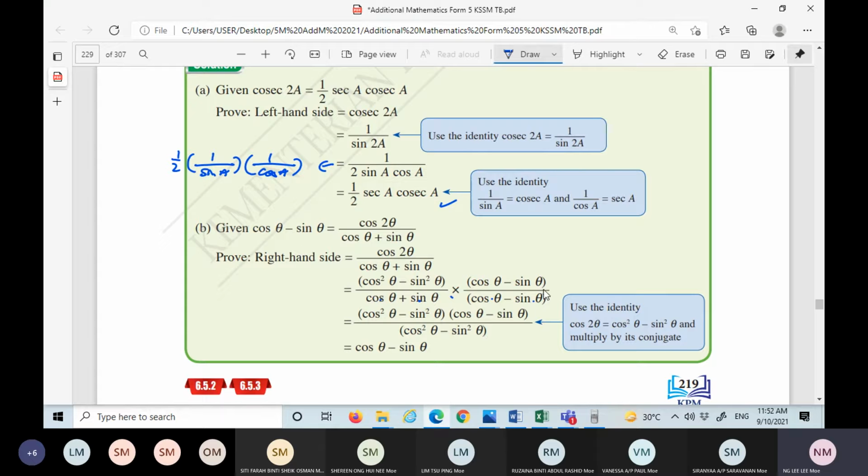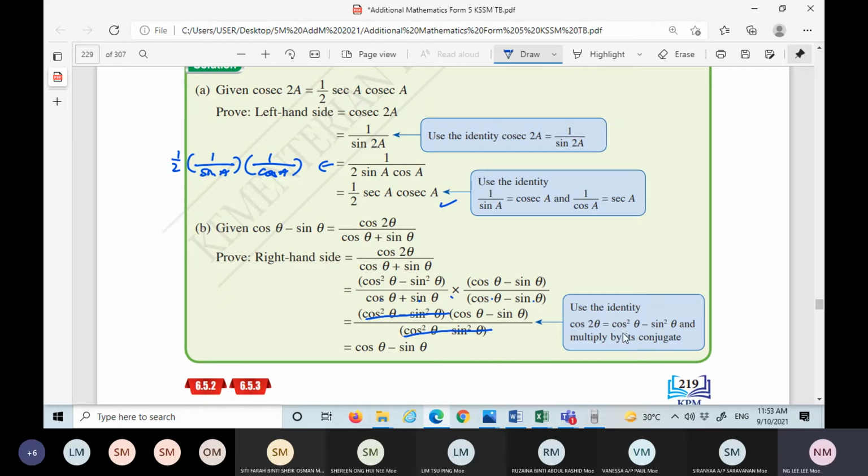The numerator, nothing, don't multiply it, because this one is one of the factors of the numerator. Then you can cancel. This is how you get sine, cos theta minus sine theta, which is on your left hand side. Sometimes you have to be smart about it, because this one is on your left hand side, so you just times this thing.